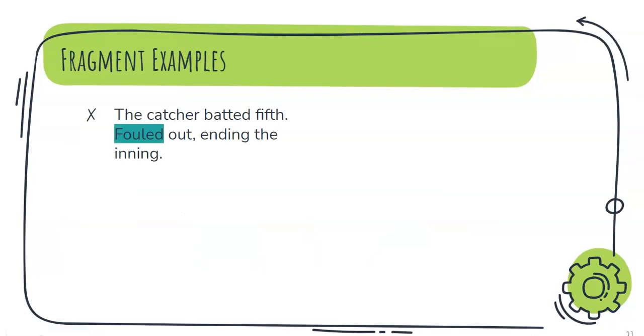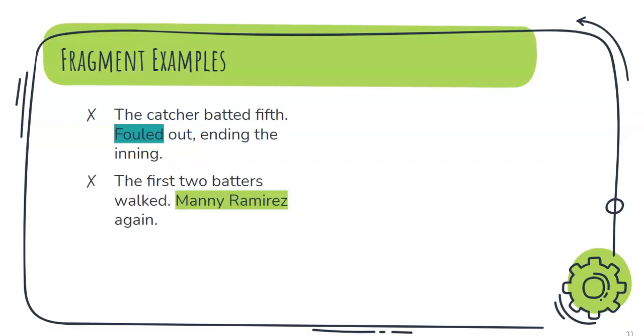This example shows an independent clause, the catcher batted fifth, followed by a frag lacking a subject, fouled out, ending the inning. It doesn't tell us who fouled out. Here's another independent clause. The first two batters walked, and it's followed by a frag lacking a verb. Manny Ramirez again. We don't know what Ramirez did.